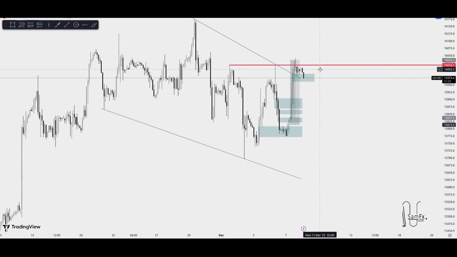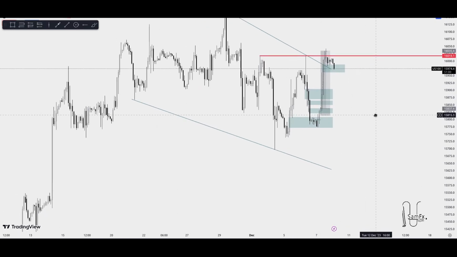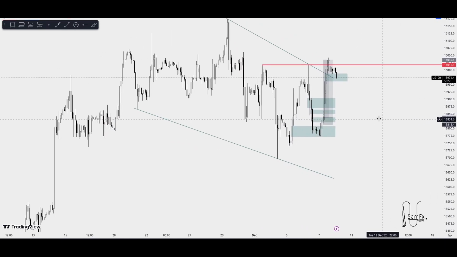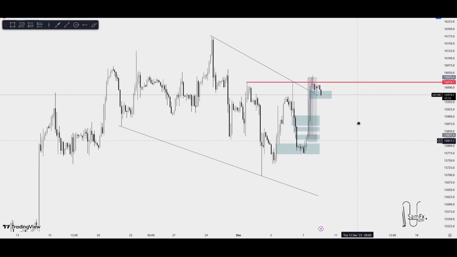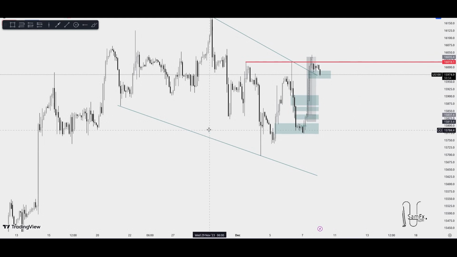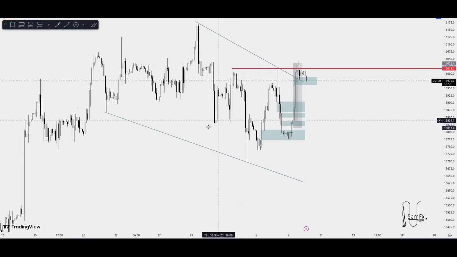So also about this flag as a whole and how it works with the ICT concept, or at least how I'm using it with the ICT concepts. Normally with flags, I used to wait for the price to touch the trend line at least 3 times, which is always the common thing for people who trade flags.